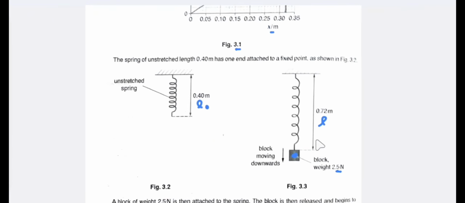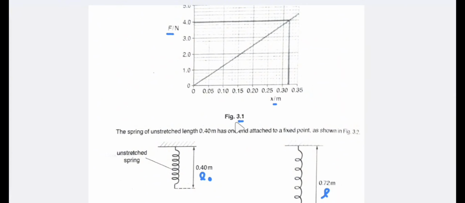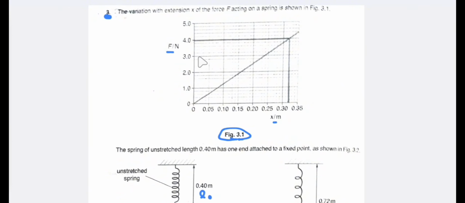It is 0.32 meter. And since figure 3.1 is a force against extension graph, we need our extension in order to find the value of force. So the extension is 0.32, and for 0.32 extension, the force is 4 Newton. So the force that we get is 4 Newton for an extension of 0.32 meter.